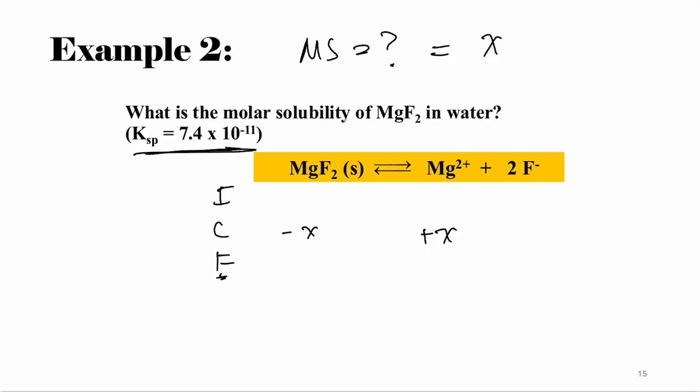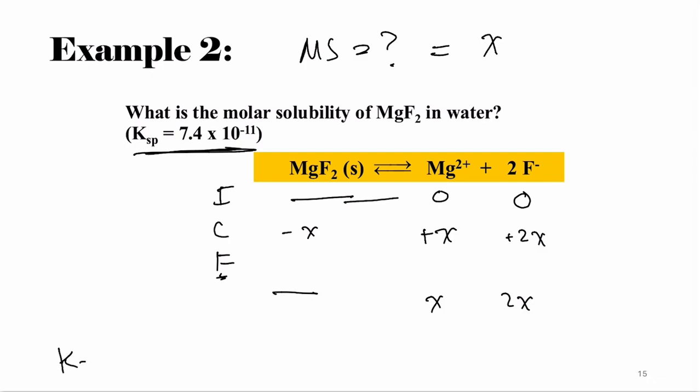Plus x. And then fluoride ion plus 2x, so that gives us x and then 2x. We don't worry about the solid here, and I put a bar through this last time. Technically, this would be 0 for both, since as you put the solid in the water, you start off with 0 and then you make some.